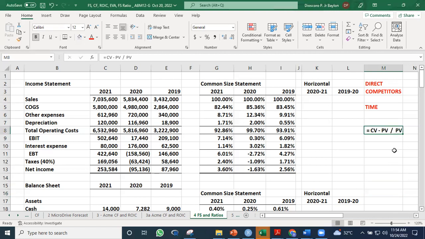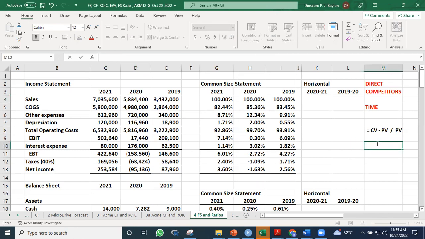Okay? Some use this formula. Current value minus previous value. Of course, sa Excel naka-parenthesis to, no? Divided by the previous value. So, kunyari, between 2021 and 2020, the horizontal growth rate will be 2021 minus 2020 divided by 2020, right?